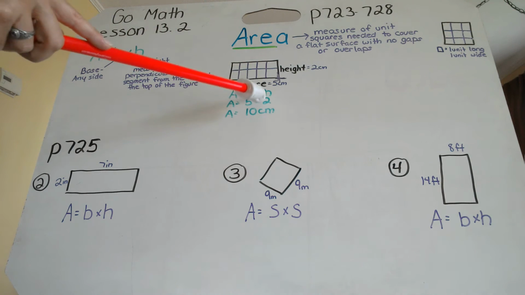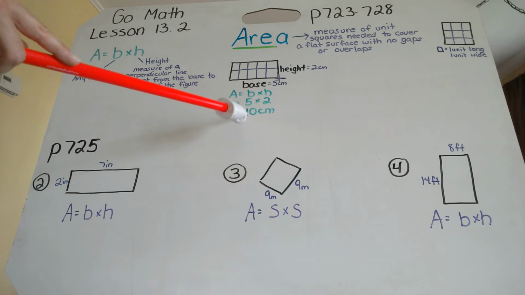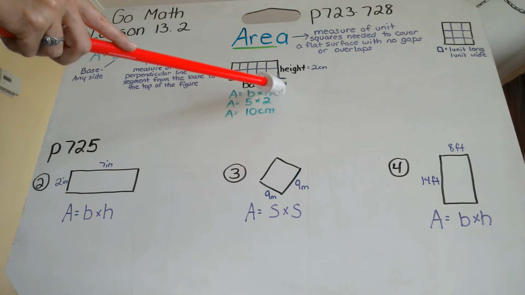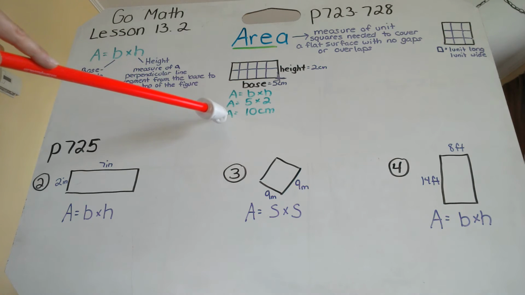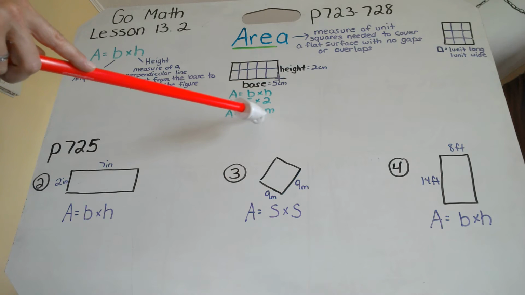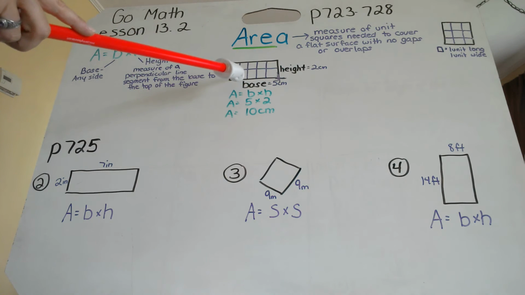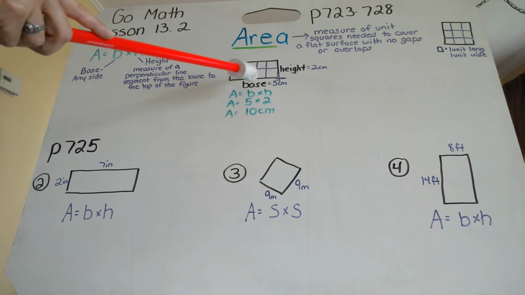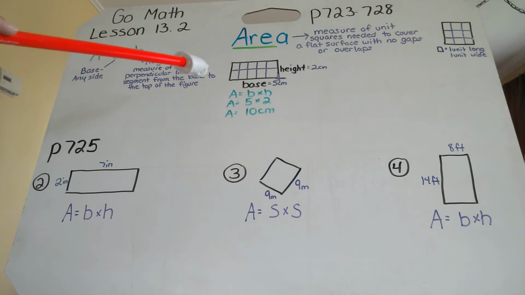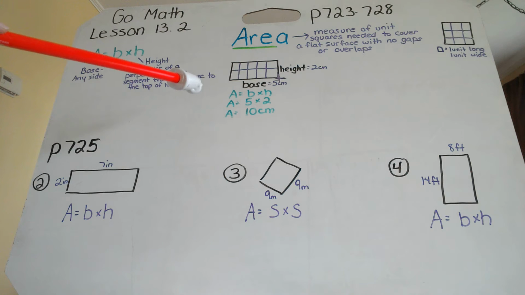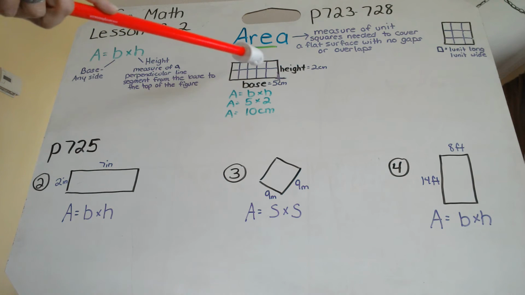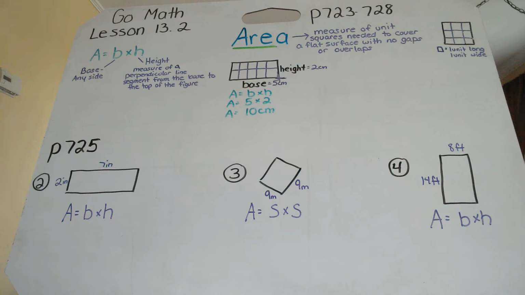So my base times height is 5 times 2, and we all know 5 times 2 is 10, and make sure you label it with whatever the label is. In this case, it's centimeters. So the area of this rectangle is 10 centimeters, meaning there are 10, 1, 2, 3, 4, 5, 6, 7, 8, 9, 10 unit squares, all of which measure 1 centimeter by 1 centimeter inside of this figure, okay?